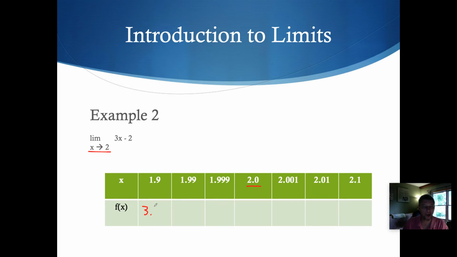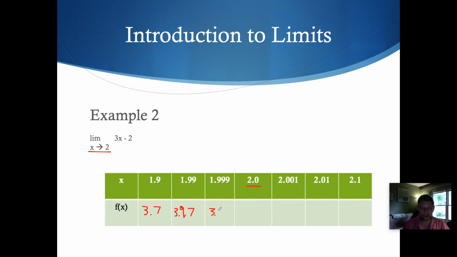So when x is 1.9, f of x is 3.7. 3 times 1.99 equals 5.97 minus 2 equals 3.97. 3 times 1.999 equals 5.997 minus 2 is 3.997.